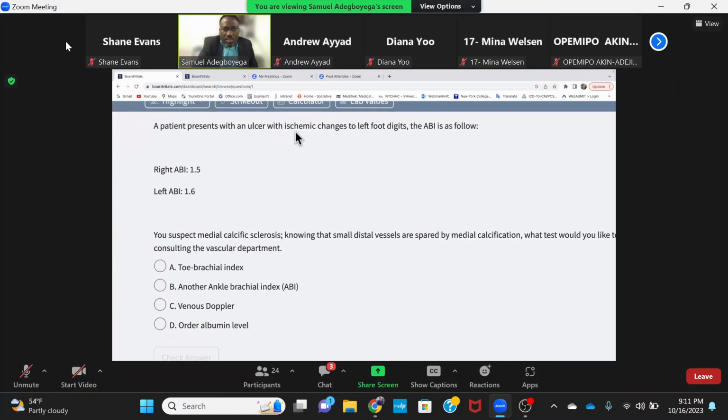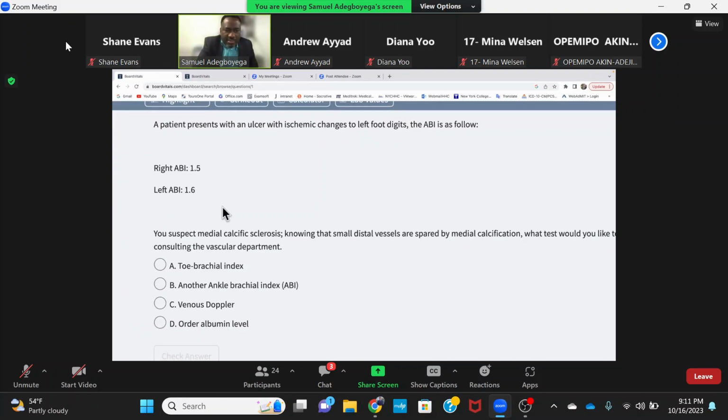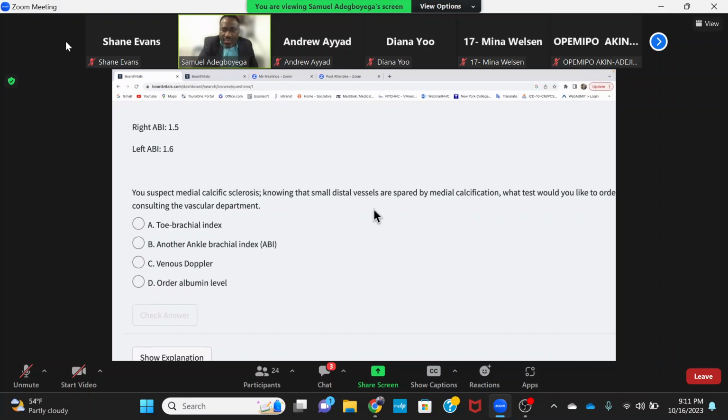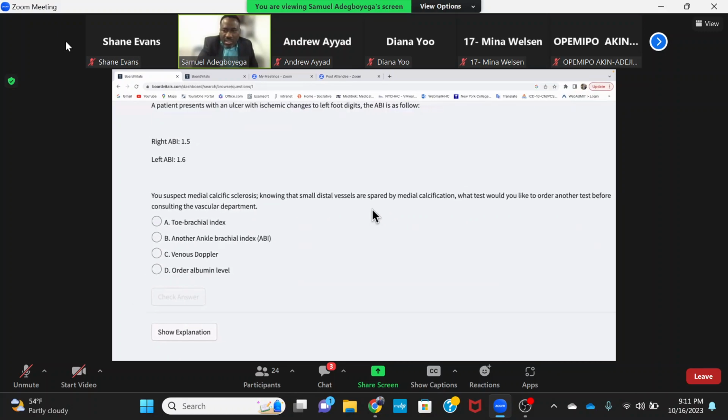A patient presents with an ulcer with ischemic changes to the left foot. The ABI on the right is 1.5, 1.6 on the left. You're suspecting the patient has calcified vessels. What test will you likely order on this patient? A. Why can it be B?